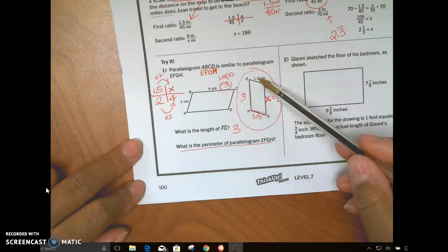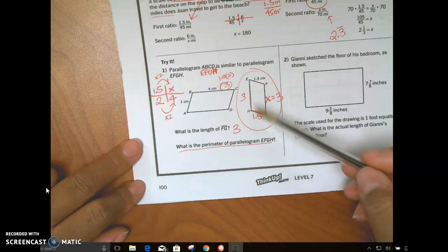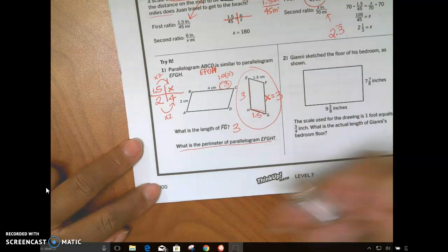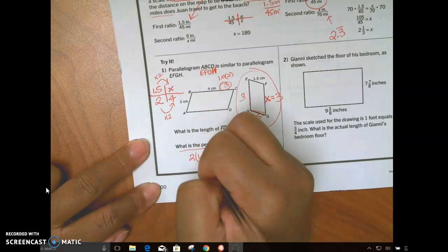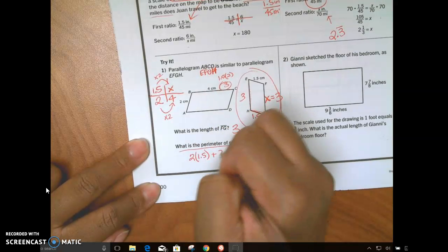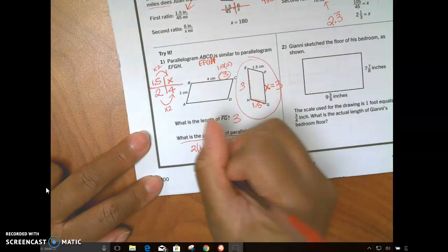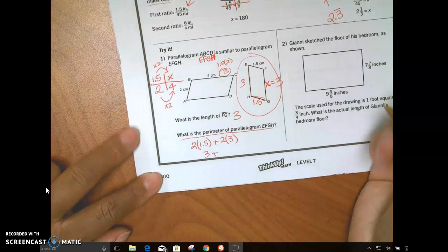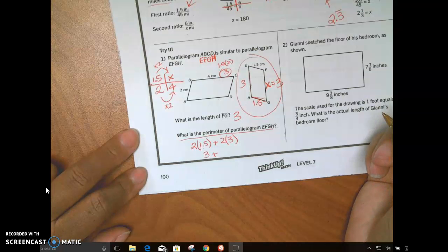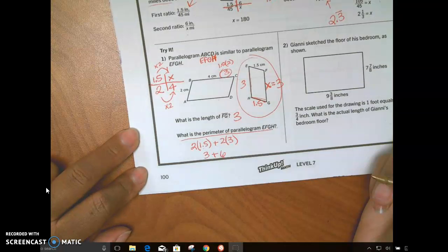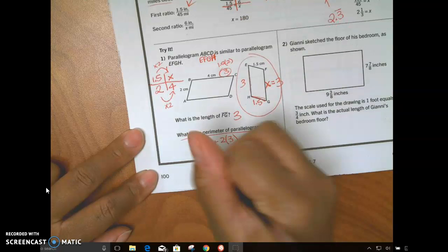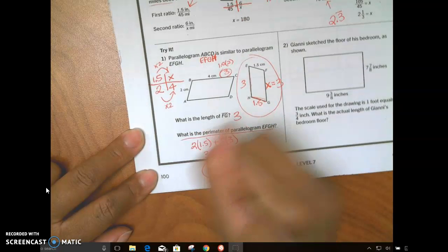So you already told me that 2 times 1.5 is what? 3. 2 times 1.5 plus 2 times 3. So what's 3 plus 2 times 3? 6. How much is this all together? 9. 9 centimeters. Done.